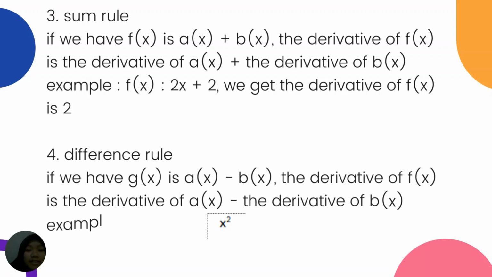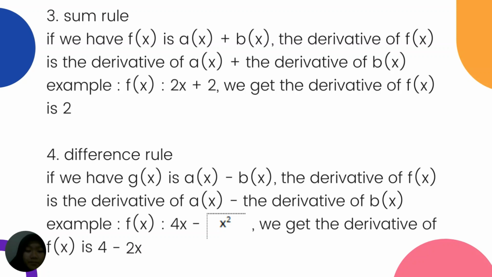In here, 2x is a x and 2 is b x. 2x in here uses the power rule, same as the material before, and plus 2 is the constant. The derivative of a x in here is 2. The derivative of b x in here is 0. And then we get the derivative of f x is 2.